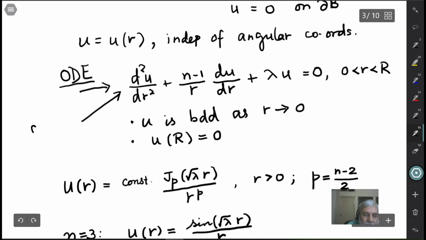Okay, it can be converted into the standard Bessel equation.